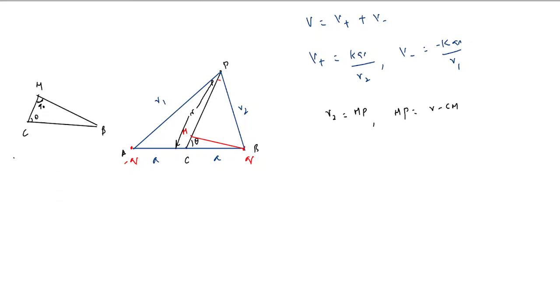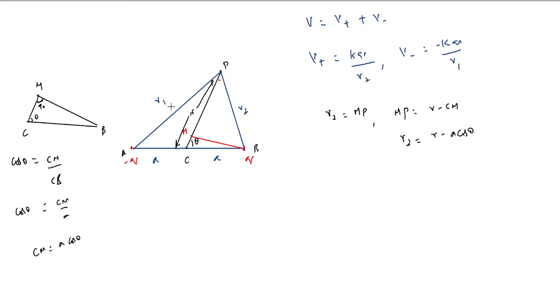So from this triangle, cos theta is equal to adjacent, which is CM, over hypotenuse, which is CB, but CB is the same as a, so CM by a. Therefore CM is equal to a cos theta. Therefore MP, which is R2, is equal to R minus CM, which becomes R minus a cos theta. This is R2.